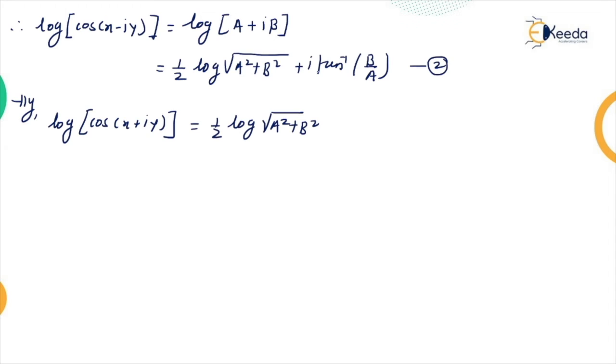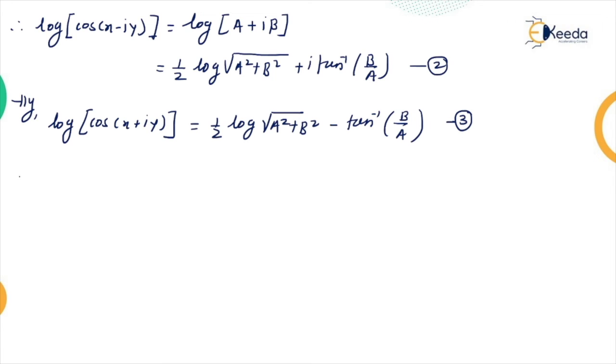Now because of the change in sign, we get minus tan inverse of b by a. So this is equation number 3, for consideration.